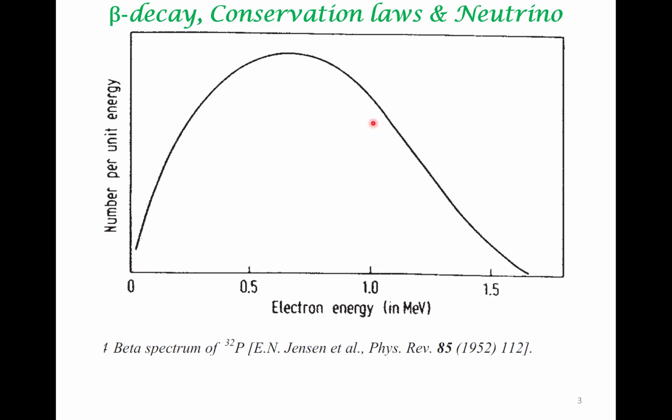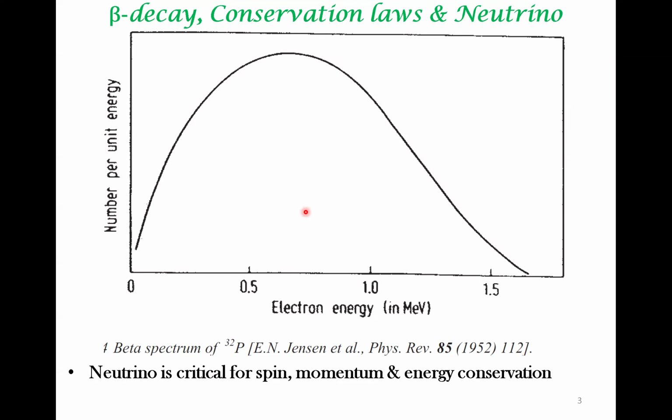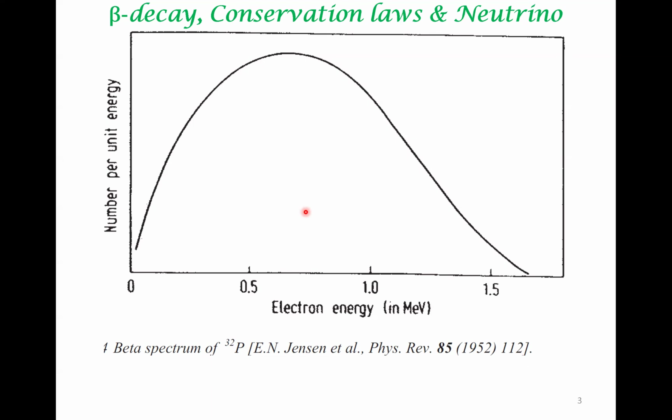And this spectrum is like a black body spectrum, which is what we gave as an example of a continuous spectrum. Contrast this to the discrete spectrum that was presented in the case of alpha decay. So why is this an issue? Why was this surprising?